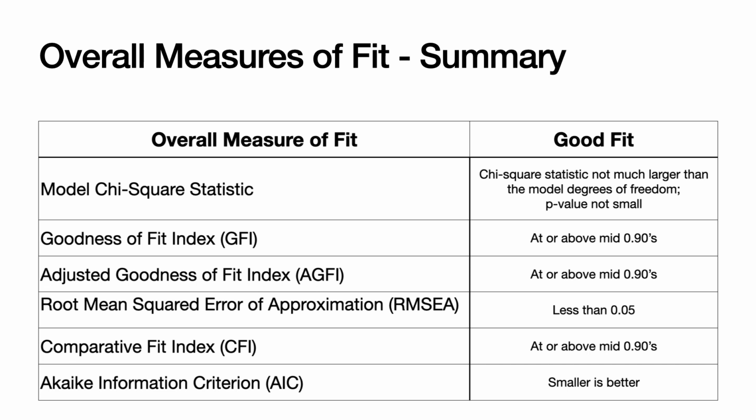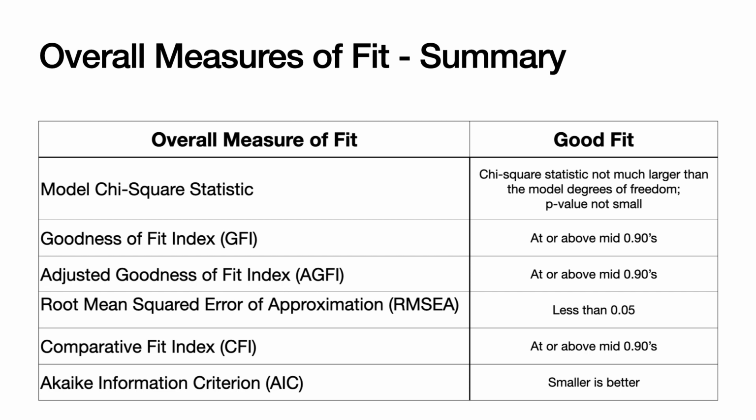When using the Goodness of Fit Index, the GFI, we're looking for a value at or above the mid 0.9s. Similarly, for the Adjusted Goodness of Fit Index, which takes into account the number of parameters in the model, we're looking for a value at or above the mid 0.9s.